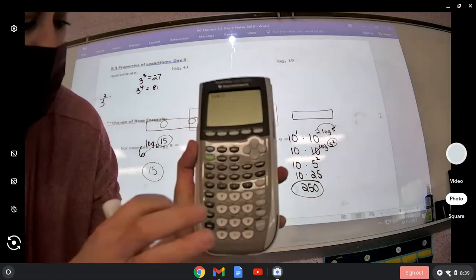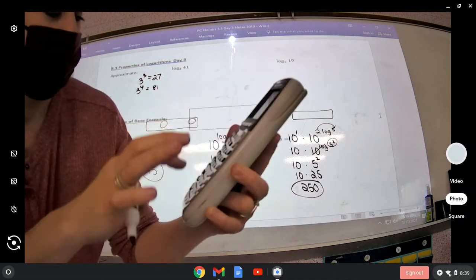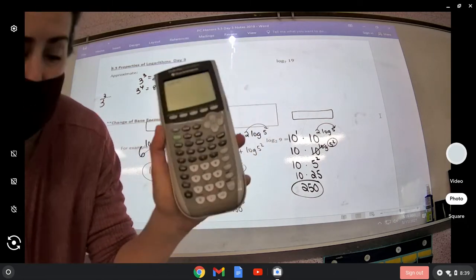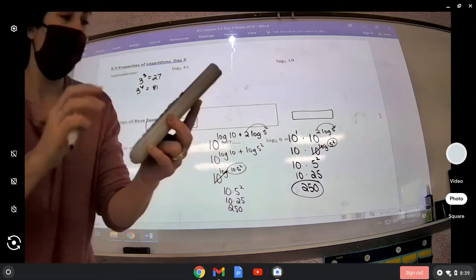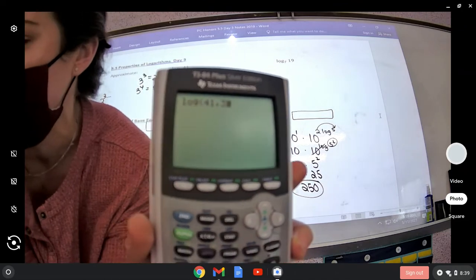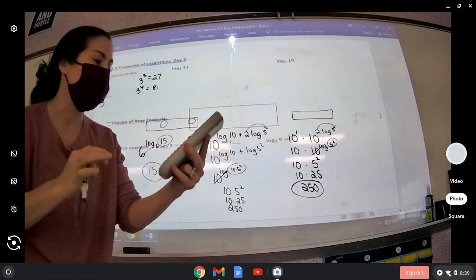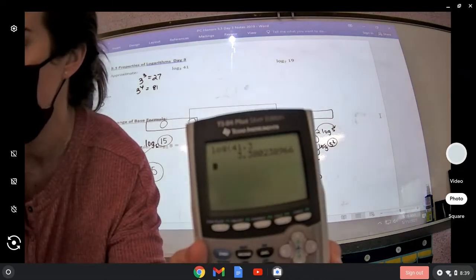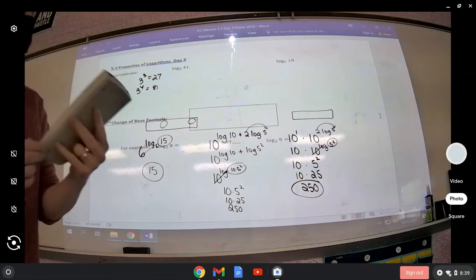But if you do log 41, then comma, then put a base of 3, it'll do log base 3 of 41. Hit enter, and it's about 3.3802.